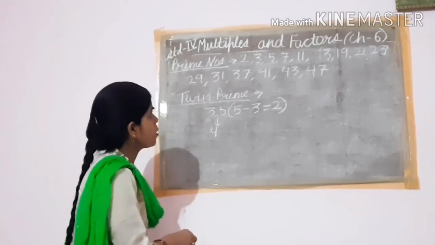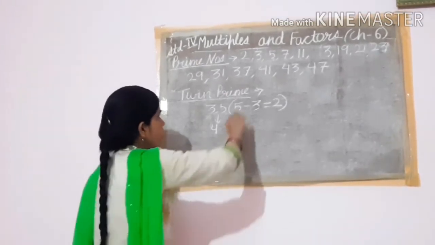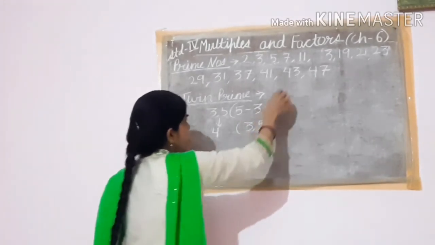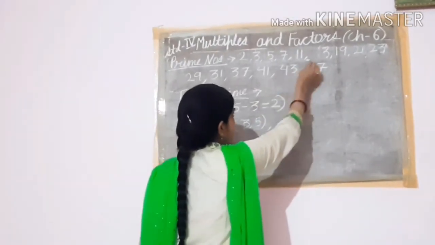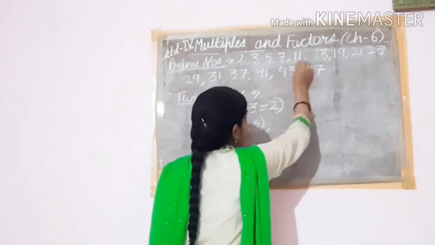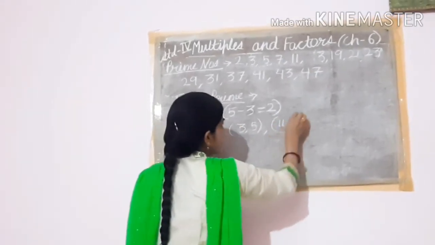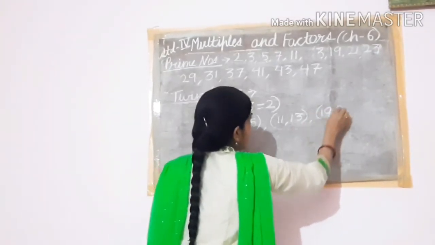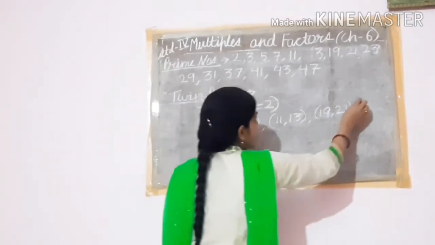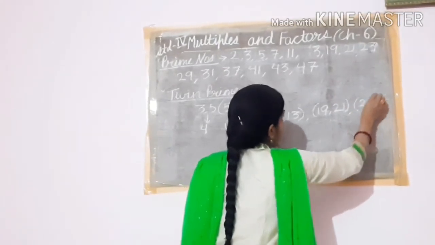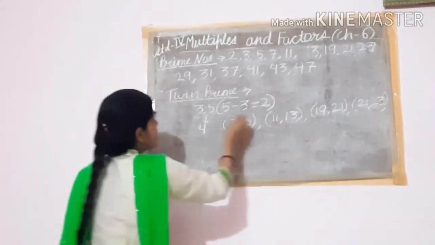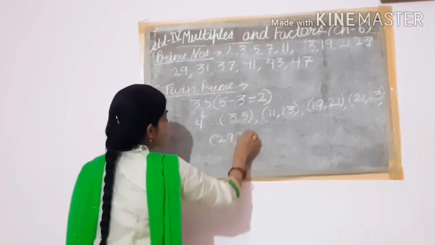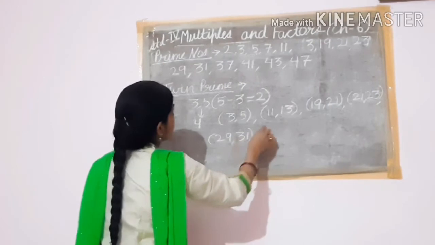So now find out the twin primes from here. First is 3 and 5. The next, the difference of two prime numbers should be 2, like 11 and 13. Next is 17 and 19. Then 29 and 31, twin prime.